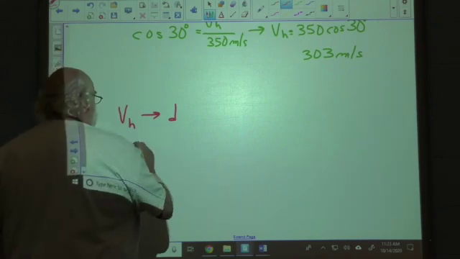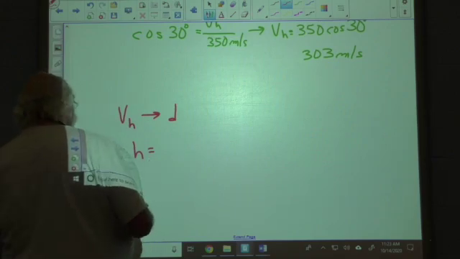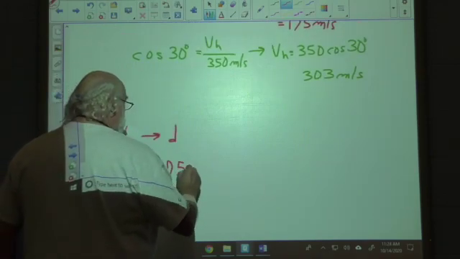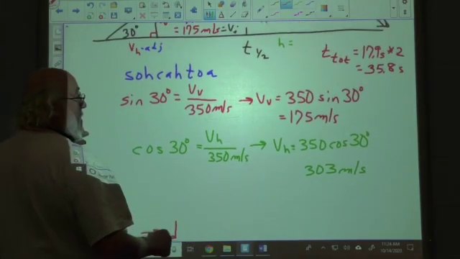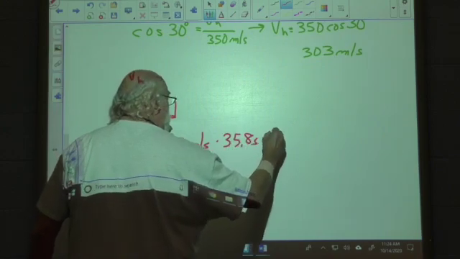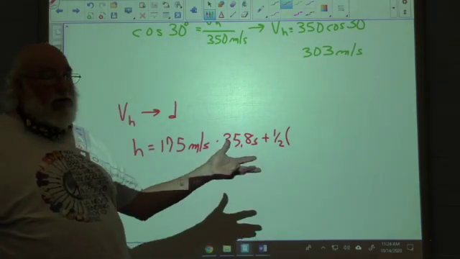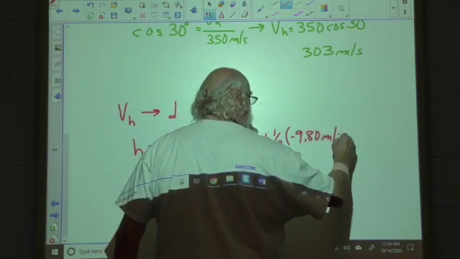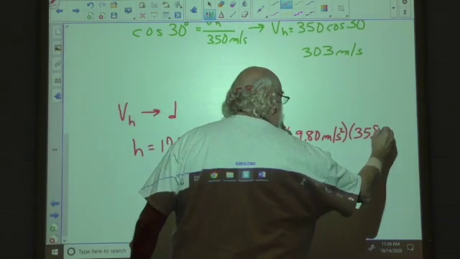So the height is going to equal vi, which we said is 175 meters per second, times the time, which we said is 35.8 seconds, plus 1/2 times, now again, you're going up, so it's no longer accelerating, it's decelerating, so that becomes a negative 9.80 meters per second squared, times 35.8 seconds quantity squared.